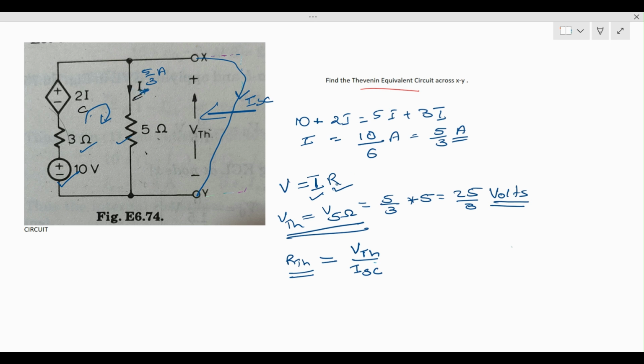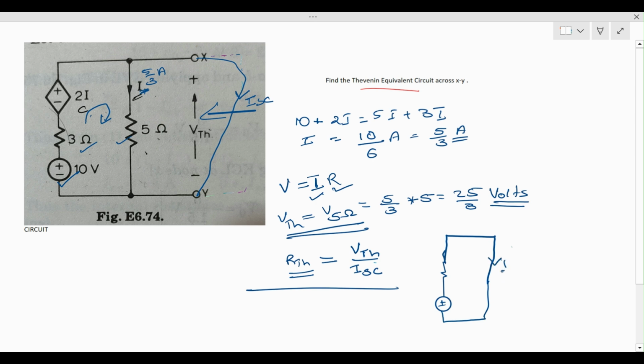So if we short circuit the output, the circuit will look somewhat like this. We won't have this current dependent voltage source, because this I is already 0.